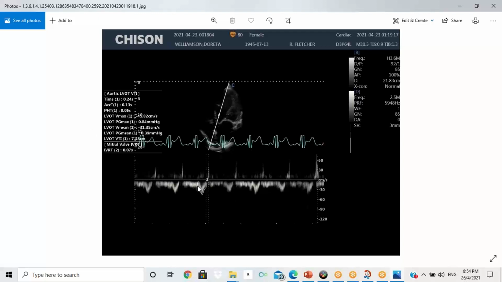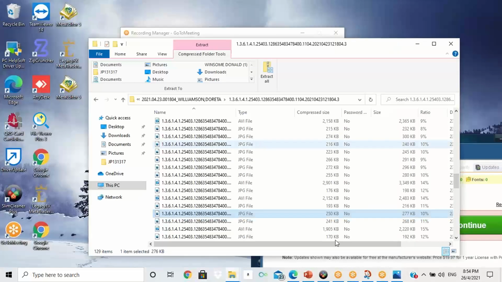You can trace around it, and you'll get what we call the TVI, time velocity integral. You can get the maximum velocity, you can get the mean velocity. Okay? We'll go over all of that. Hemodynamics will go into that.